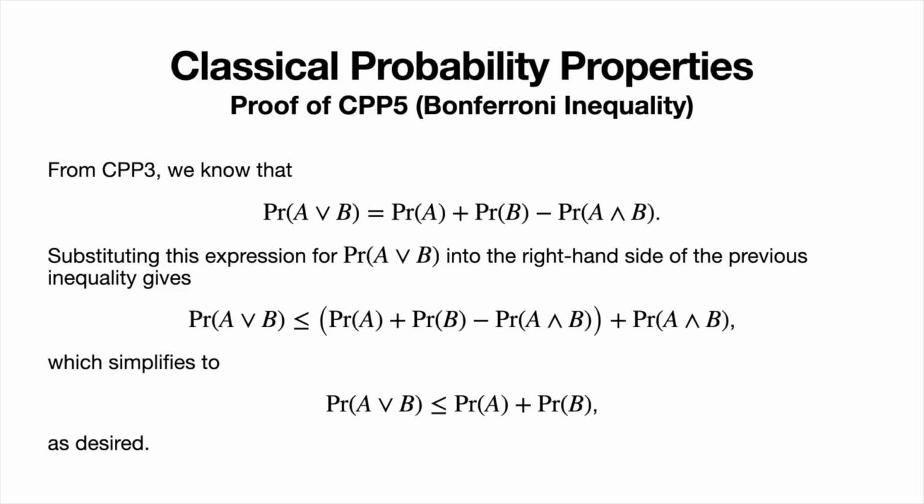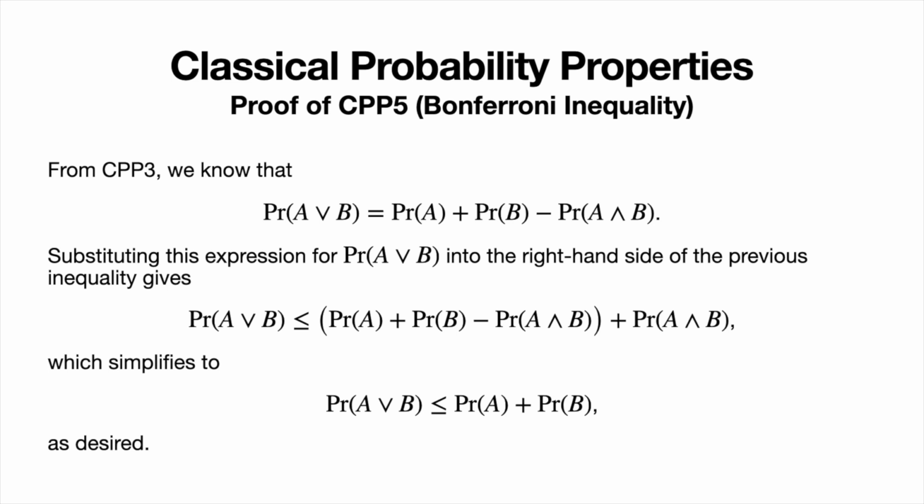Now from property 3, again which we've already proven, we know that the probability of A or B is equal to the probability of A plus the probability of B minus the probability of A and B. And so substituting this expression for the probability of A or B into the right-hand side of the previous inequality, we get the probability of A or B being less than or equal to the probability of A plus the probability of B minus the probability of A and B, and then plus the probability of A and B. And so the negative probability of A and B and the positive probability of A and B cancel out.